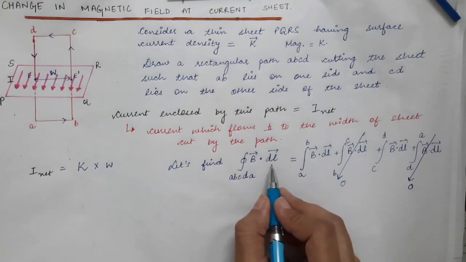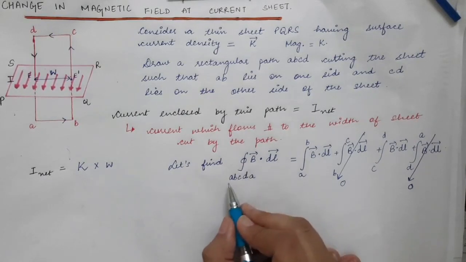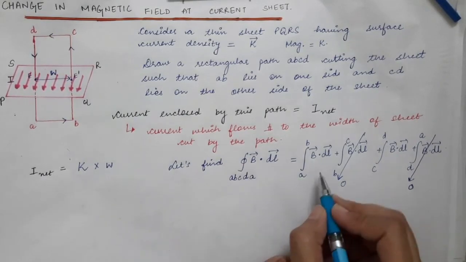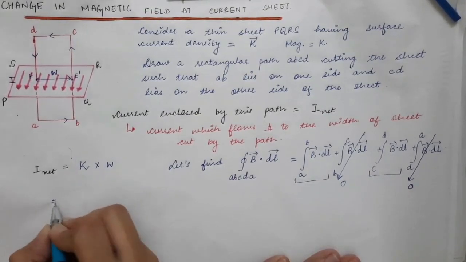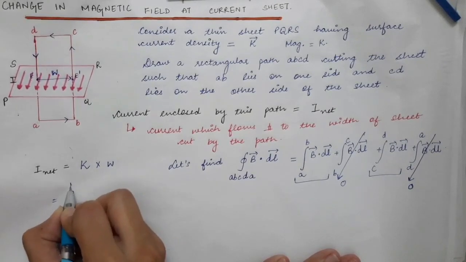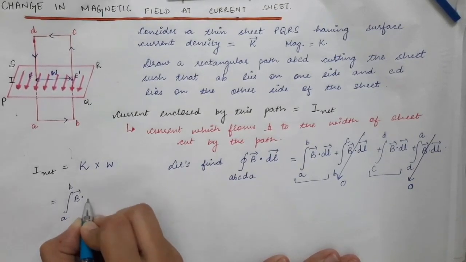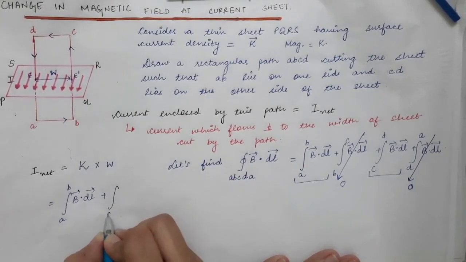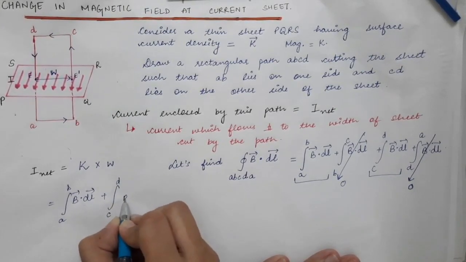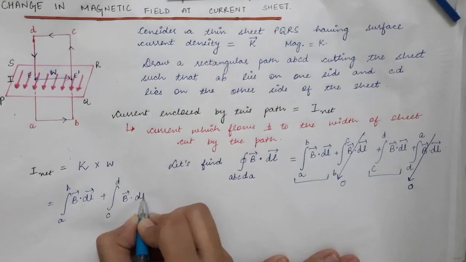So the line integral of the magnetic field over the closed rectangular path will be equal to the line integral of the magnetic field from A to B plus the line integral of the magnetic field from C to D.